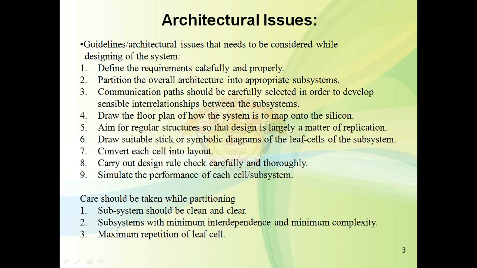So we have to define the requirements of the subsystem carefully and properly. Partition the overall architecture into appropriate subsystems. We have to divide the total system into appropriate subsystems.